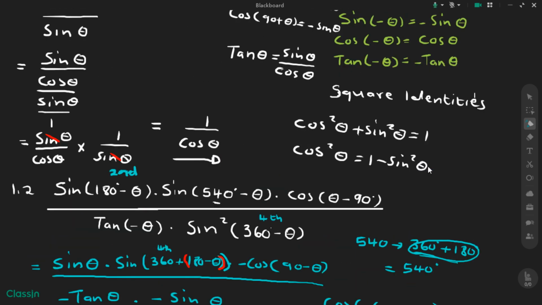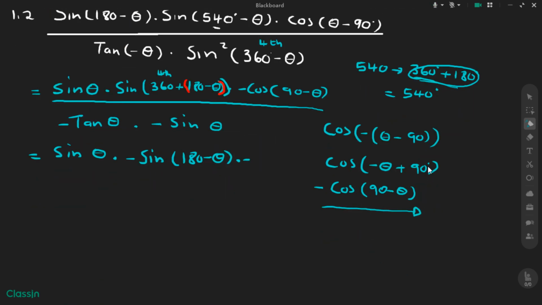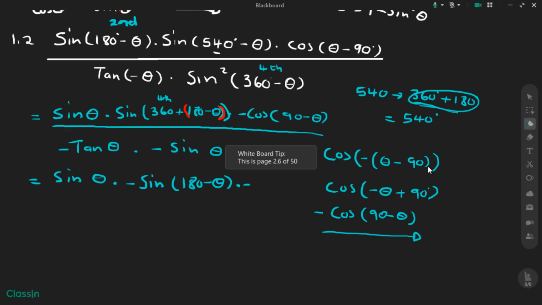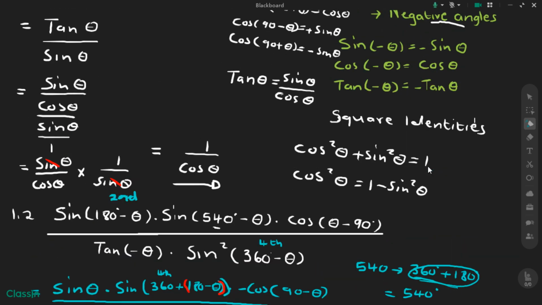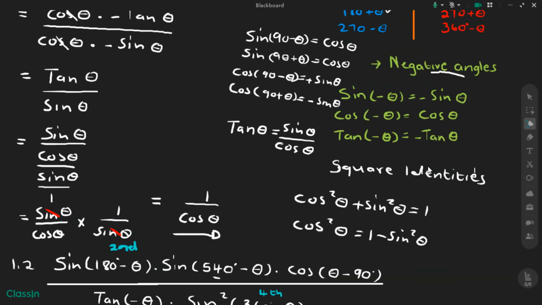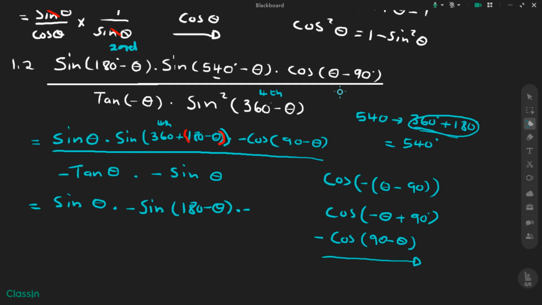So what is cos 90 minus theta? Cos 90 minus theta is the same as positive sine. So we go back and write it; the negative is already there. So this is the same as sine theta.